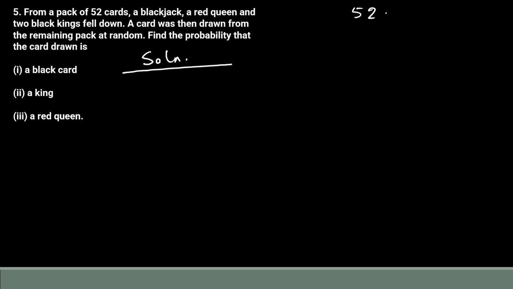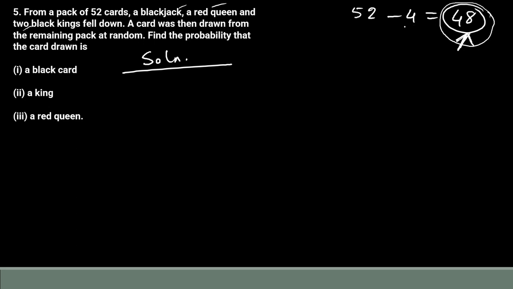So how many cards fell down? One, one, and two black kings. So 52 minus 4 cards fell down. Now they have 48 cards, and a card is drawn from the remaining pack, so you have a total of 48 cards. The sample space will have all these 48 cards.